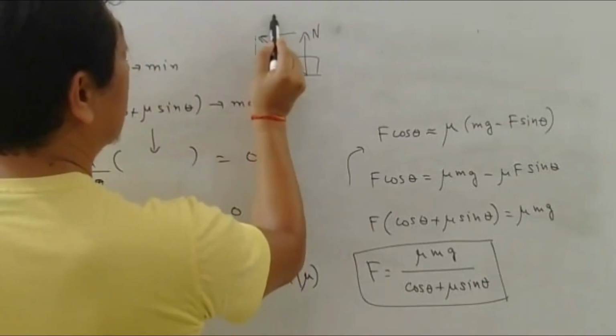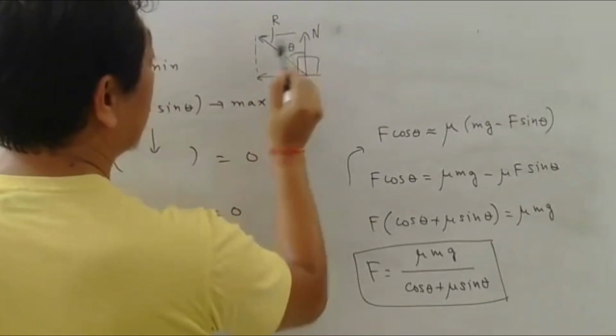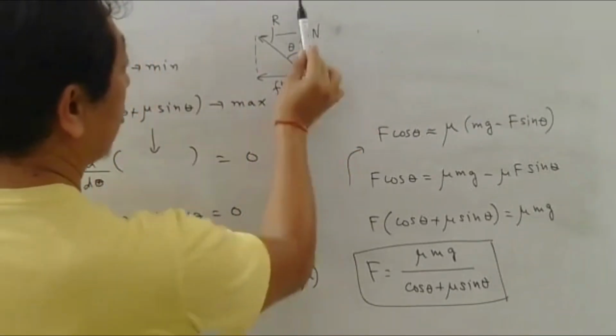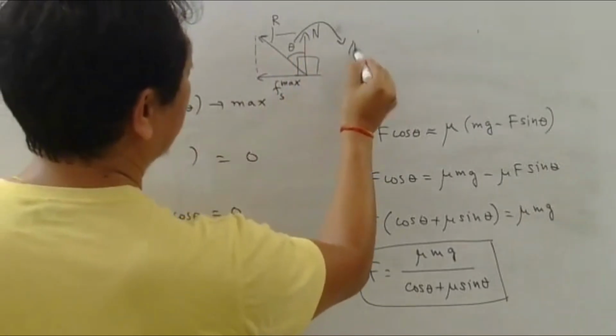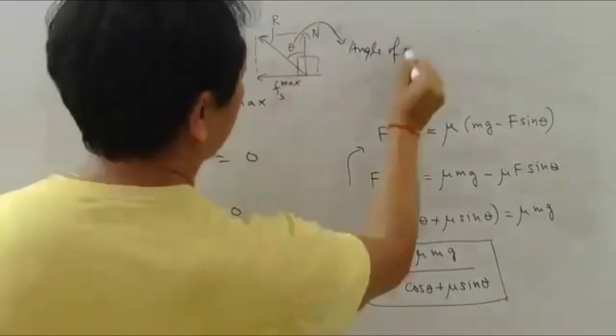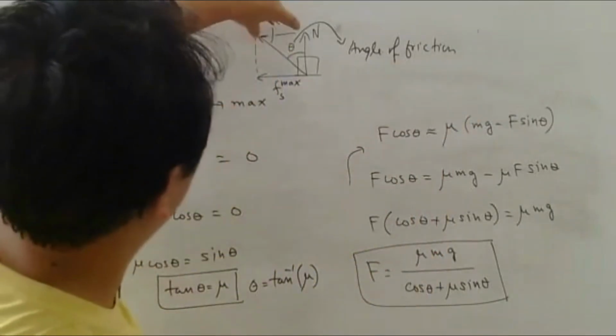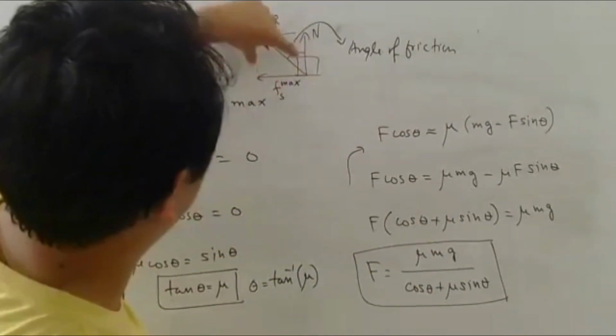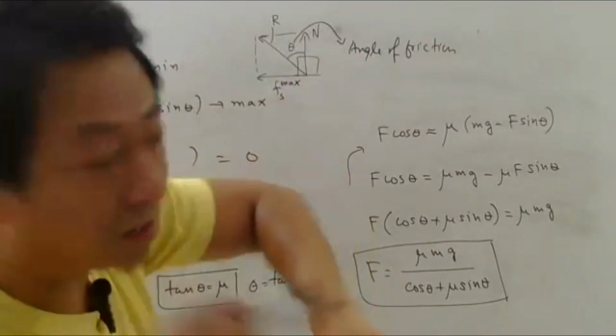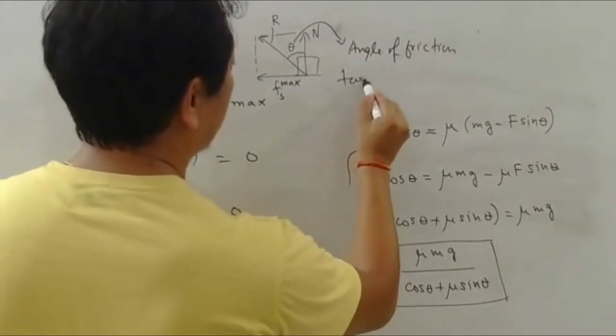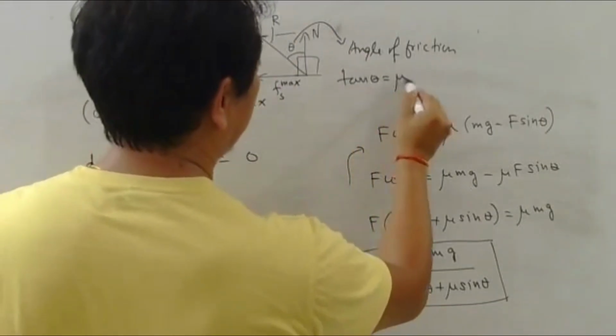This is the angle the resultant force makes with the normal. If you calculate tan theta, you get Fs max by normal. Fs max is mu into N, N cancels. So tan of the angle of friction will be mu.